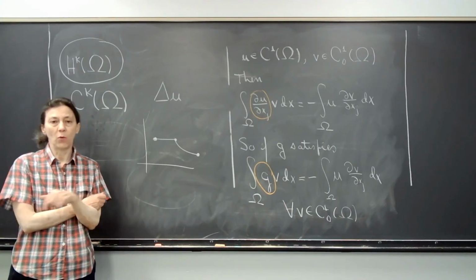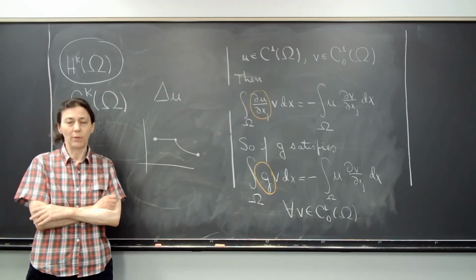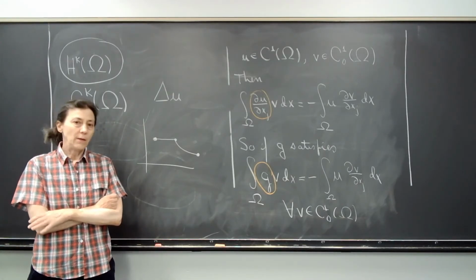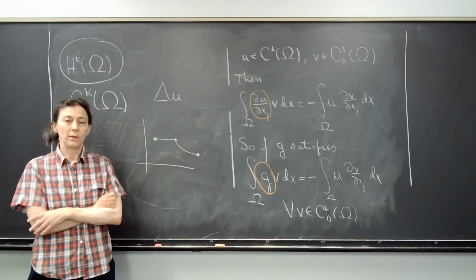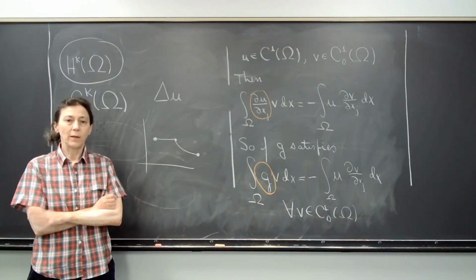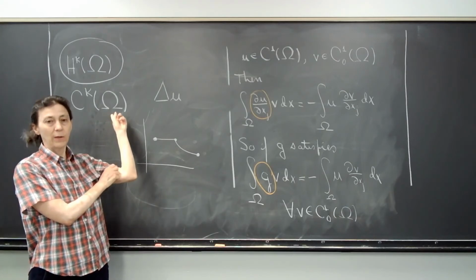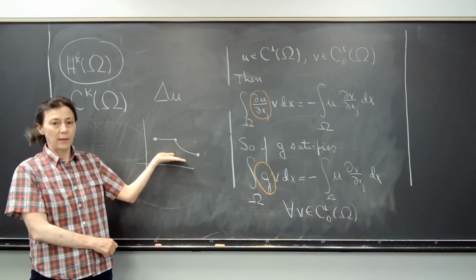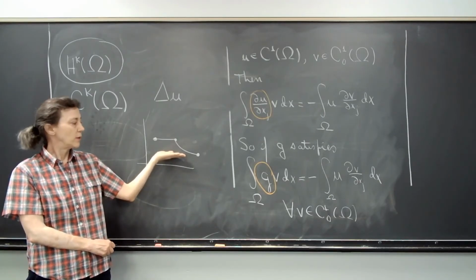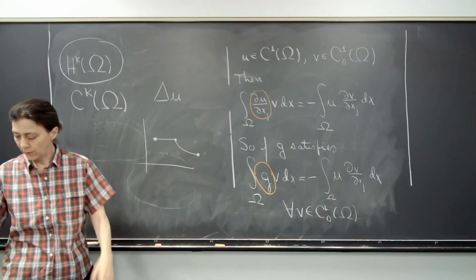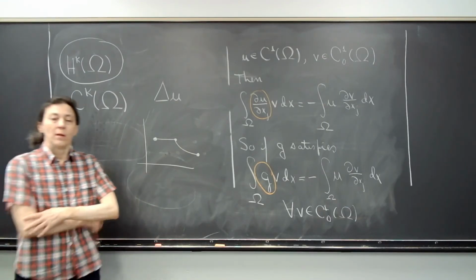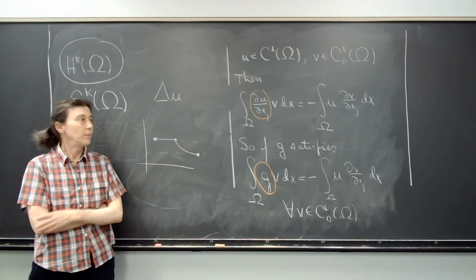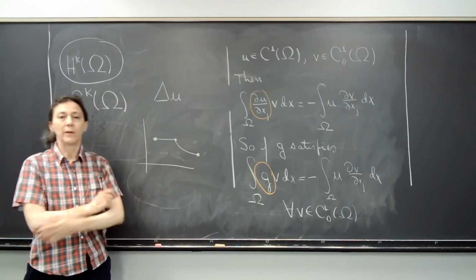First of all, the origin of the problem may be such that even if you expect your solution or your minimizer to have higher regularity, your problem might arise in such a way that at intermediate stages you want to consider functions like this. Here's a second reason. As we said, these spaces are very big.